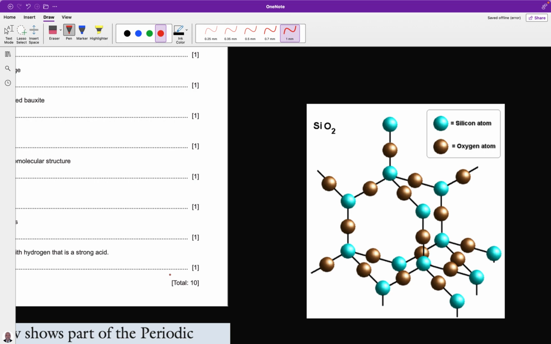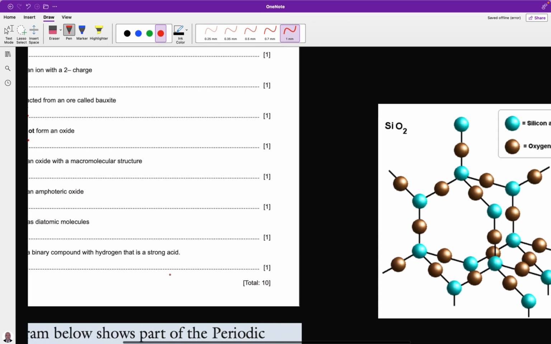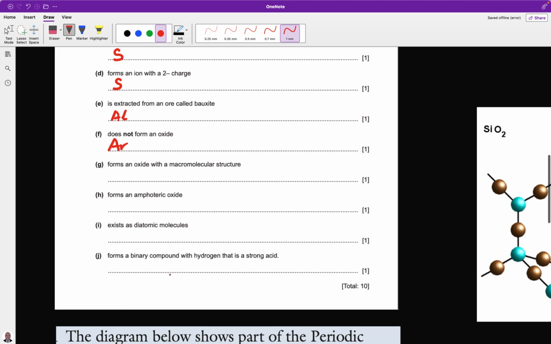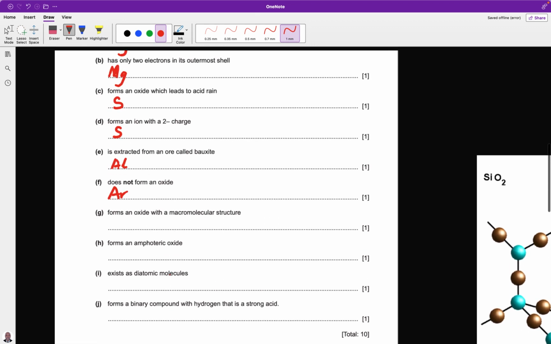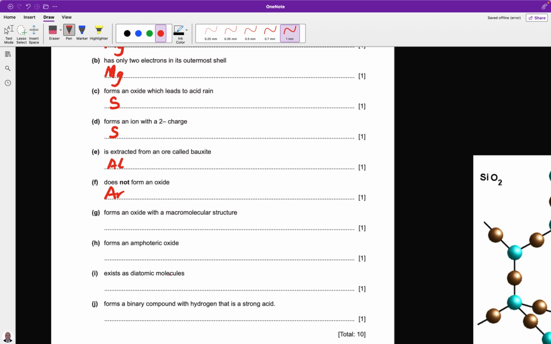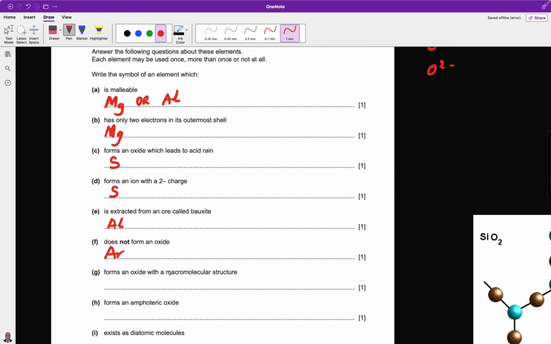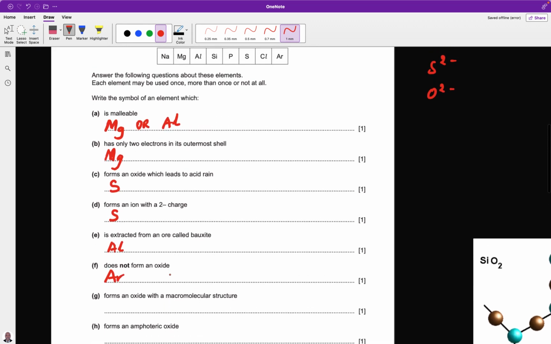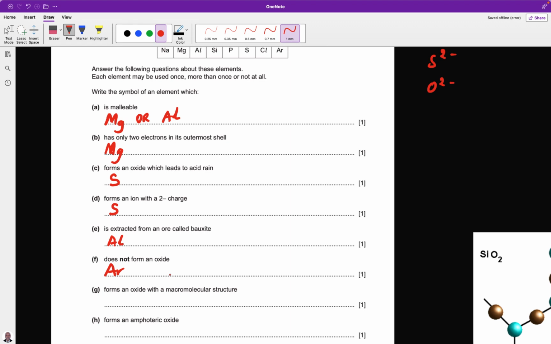So an element that forms an oxide with a macromolecular structure is silicon, Si. G is Si.